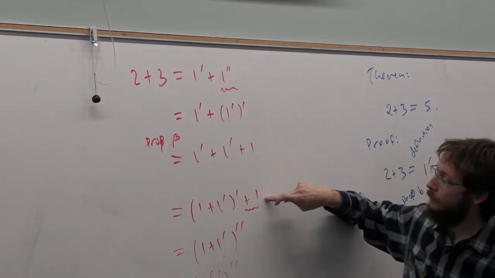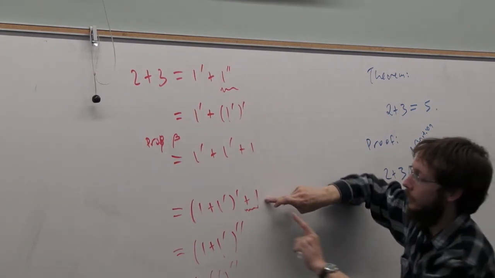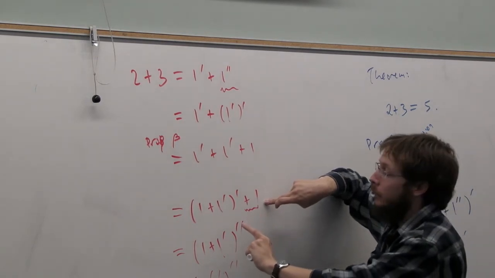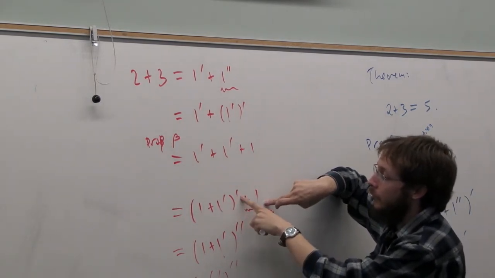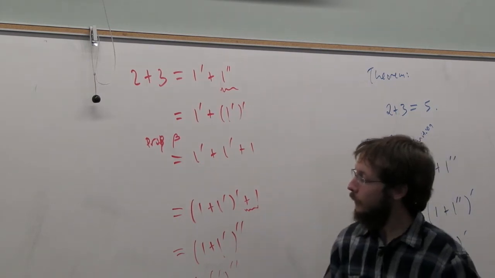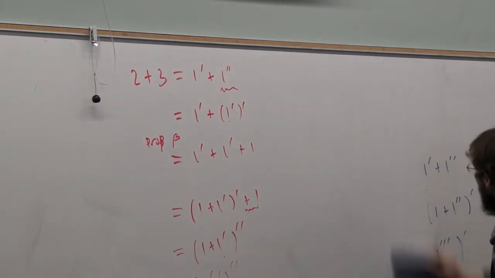Couldn't we just move all of them out? Move all the successor out, move this one out here. Well, we can certainly do that, and that's what I was saying.